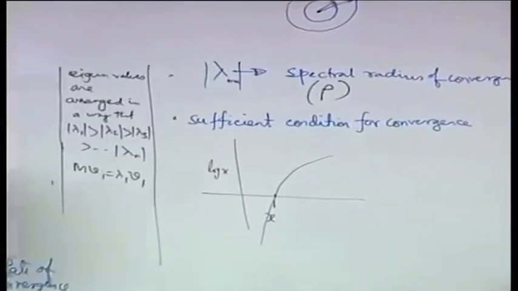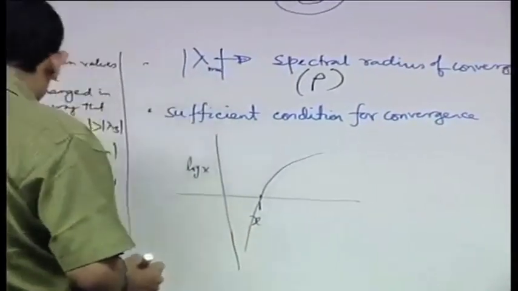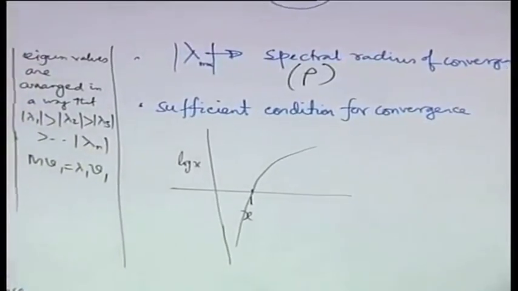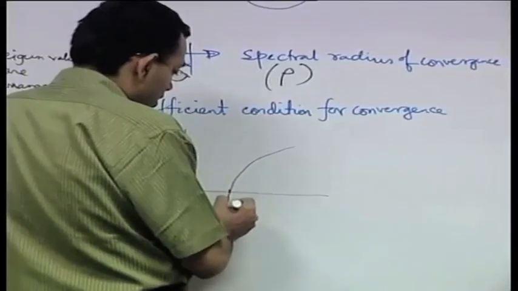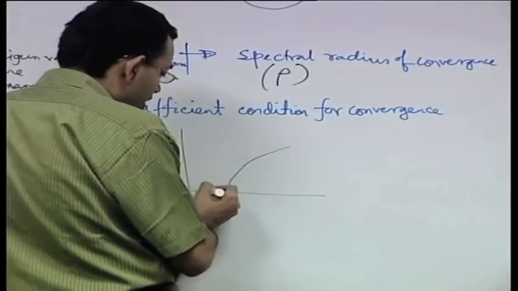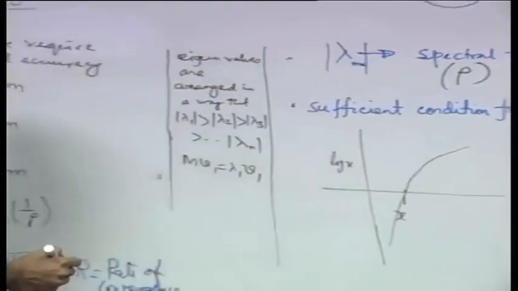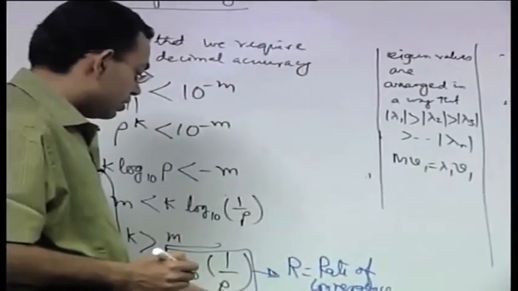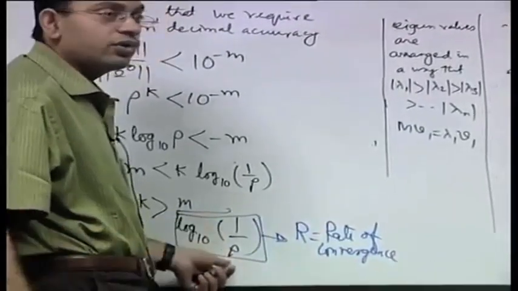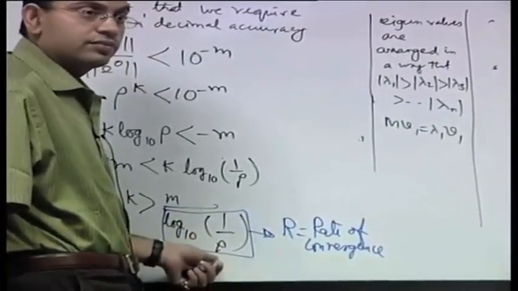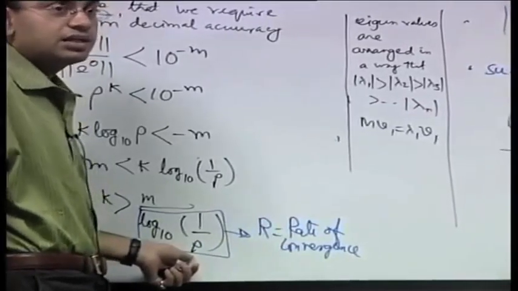Now, if x is 1 by rho, as you have smaller and smaller values of rho, remember that the maximum value of rho is 1 to achieve the sufficient condition for convergence.